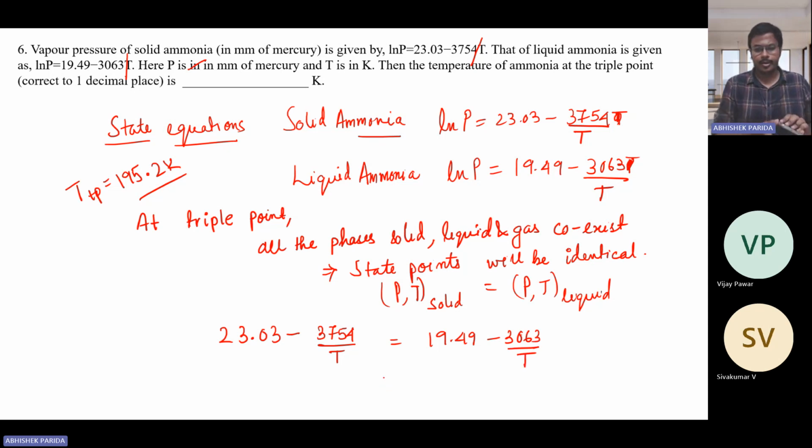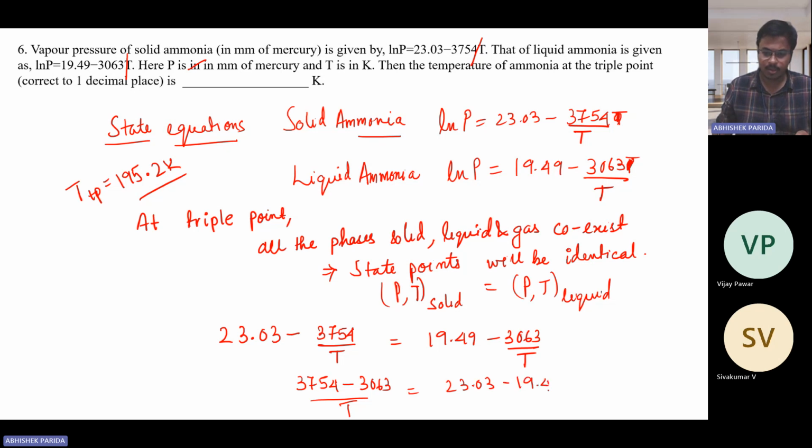If you calculate that, just bring it to one side. So 3754 minus 3063 by T is equal to 23.03 minus 19.49.